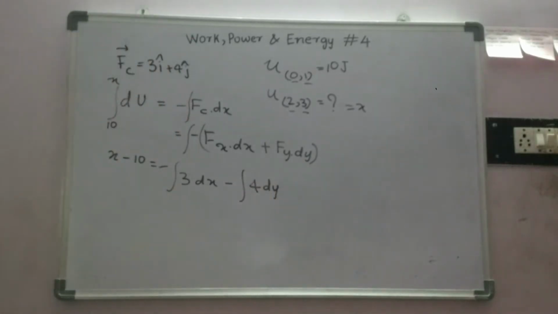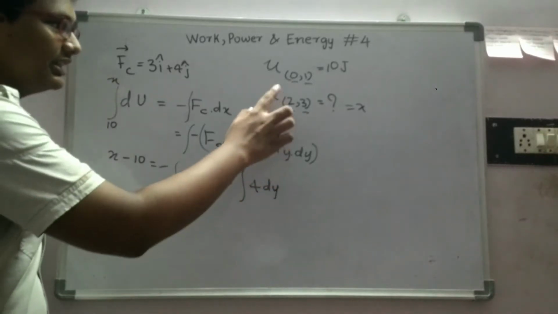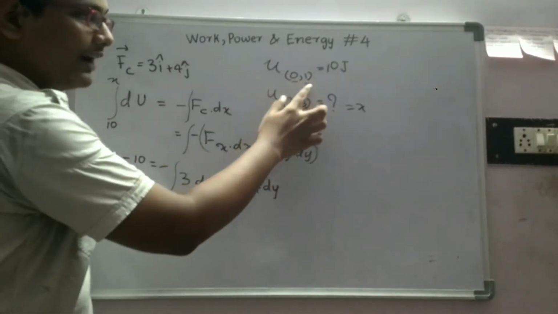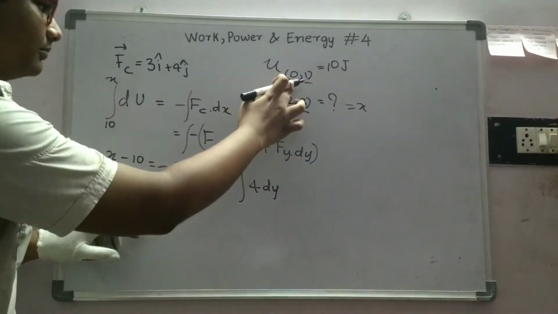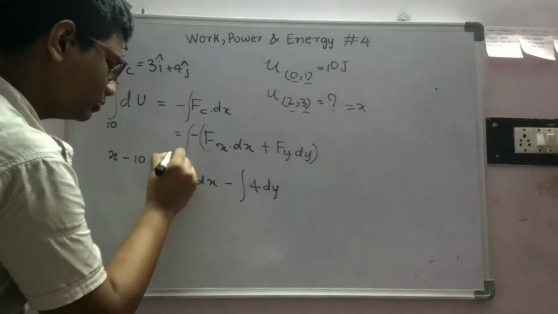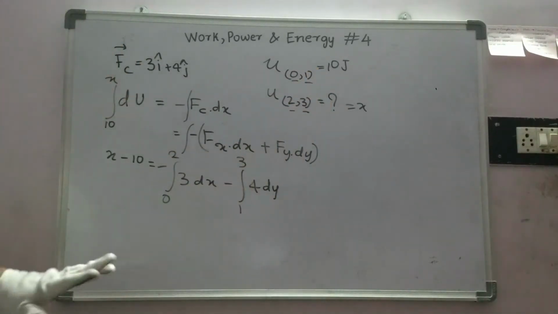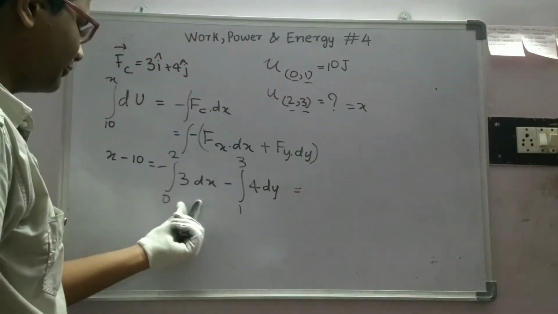Now from where to where should we integrate this? See, in x direction it is moving from 0 to 2 and on y axis it is moving from 1 to 3. So we must integrate this from 0 to 2 and this from 1 to 3, and that's it, your job is done. This is a mathematics problem now.